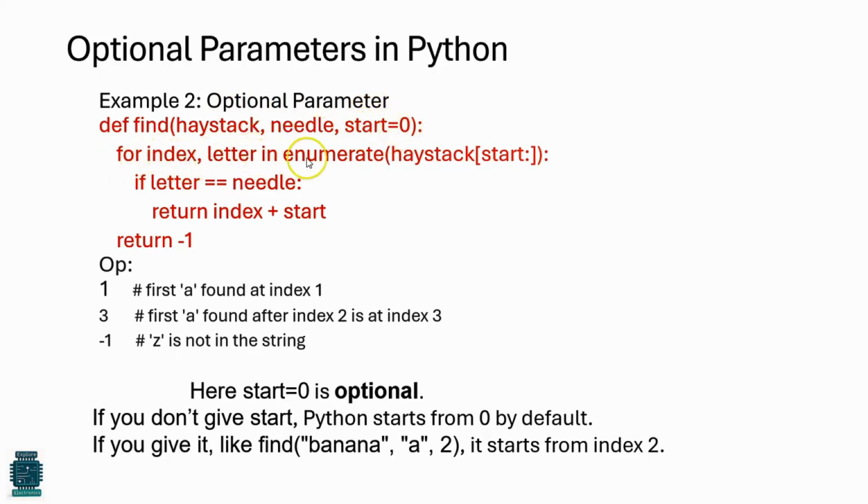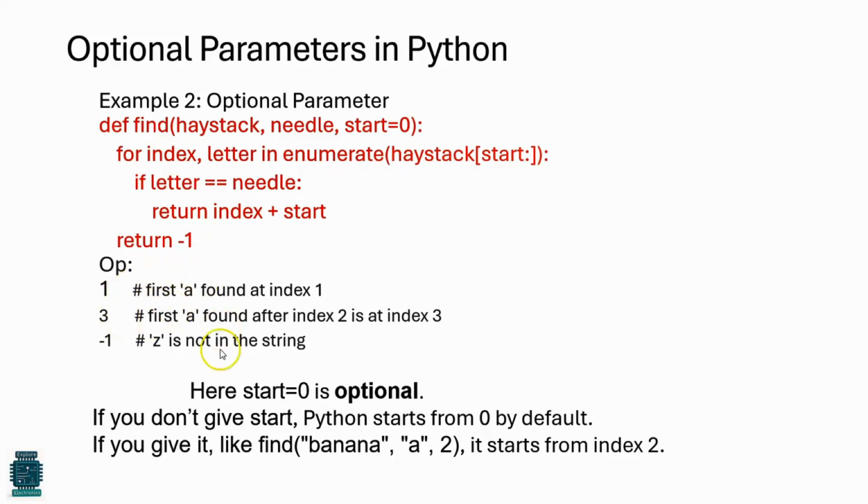For index, letter in enumerate(haystack[start:]), it loops through each character from the index start. If letter == needle, it will check if the character matches the needle. Return index + start returns the actual index in the original string. Return -1 means it will return -1 if the needle is not found.